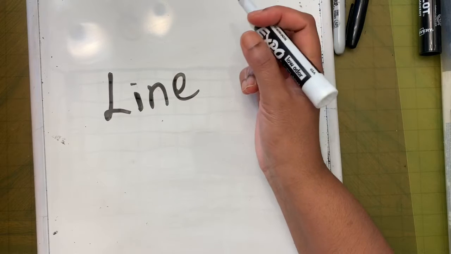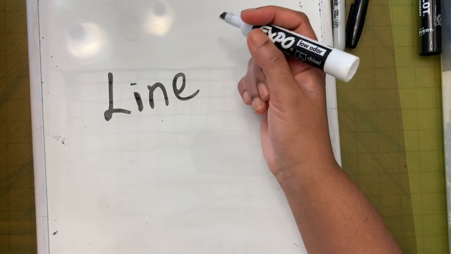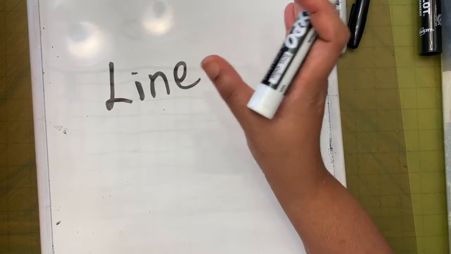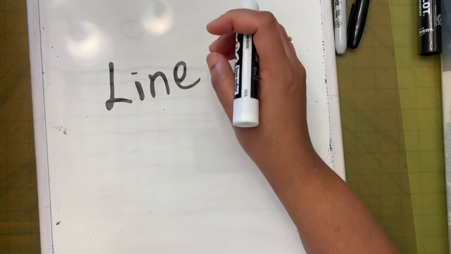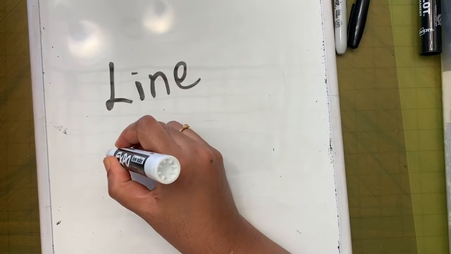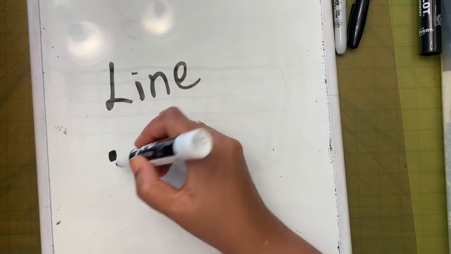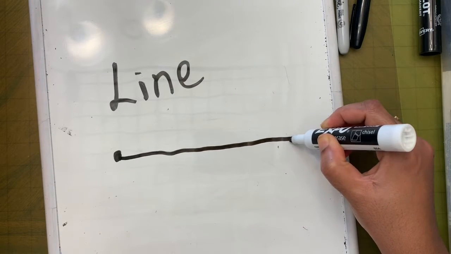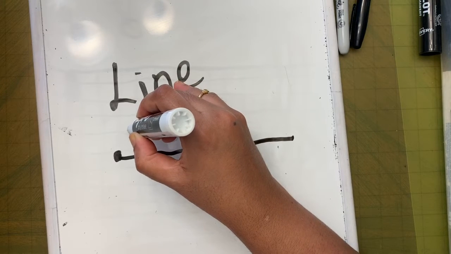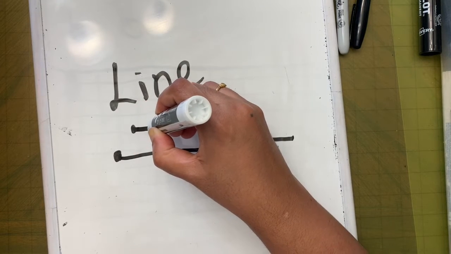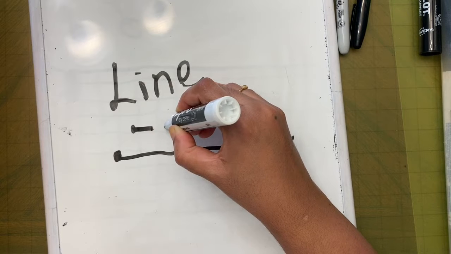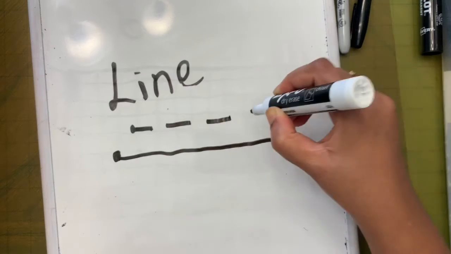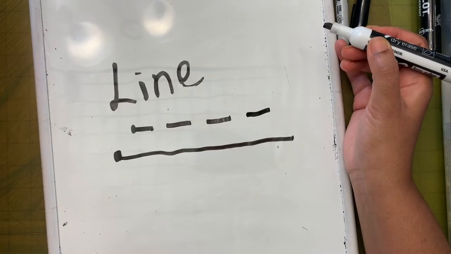There was a famous artist who lived long ago. His name is Vincent van Gogh. Okay, so he explained line in a nice way. He said line is a dot going on a walk. So the dot can walk this way. If the dot feels like walking for some time, then jumping, and then walking for some time, jumping, and walking for some time, jumping and walking, you get another line.